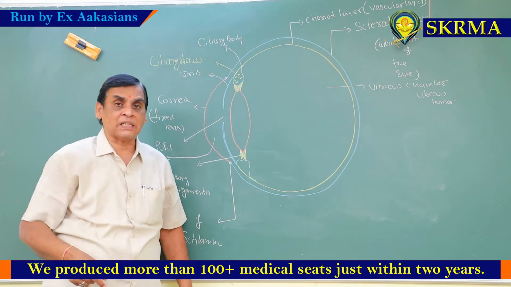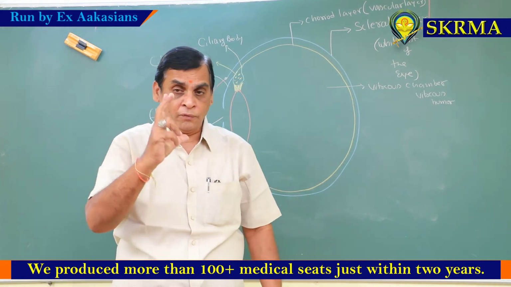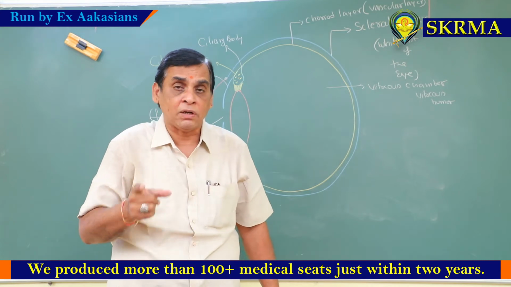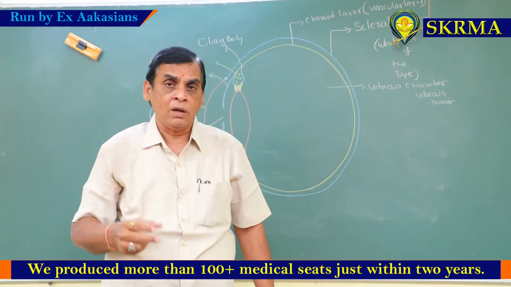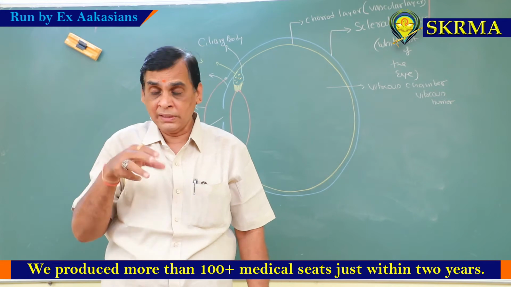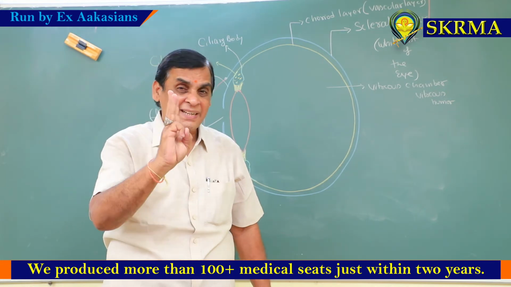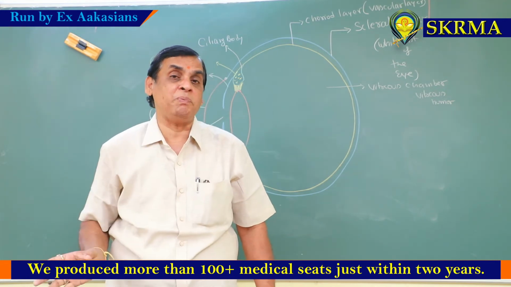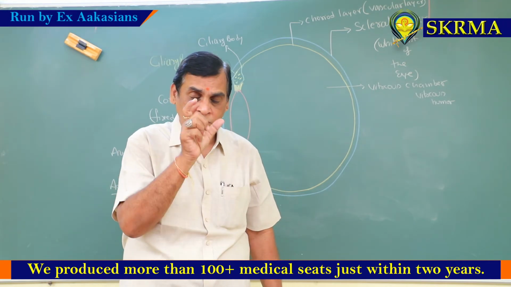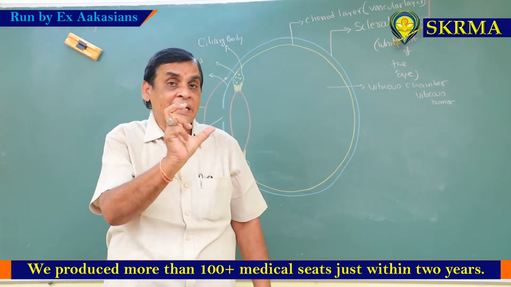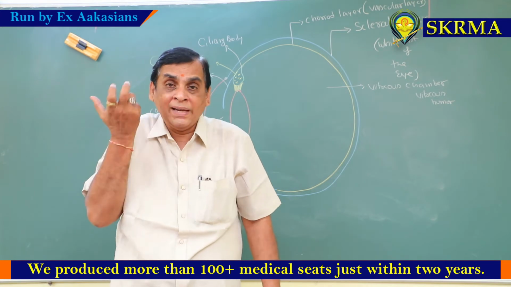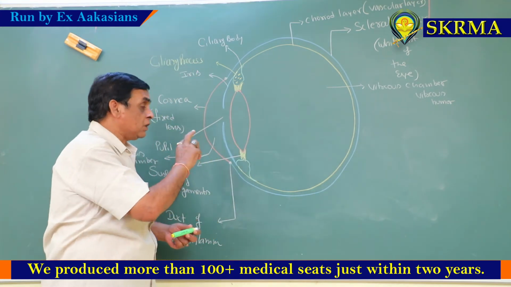This question they asked one time in the examination: where will the aqueous humor be released into the venous blood? What is the duration? In 24 hours, 3 times the aqueous humor will be replaced. That is, once it is released, it is sustained for 8 hours. What is the use of this? There are 2 purposes.